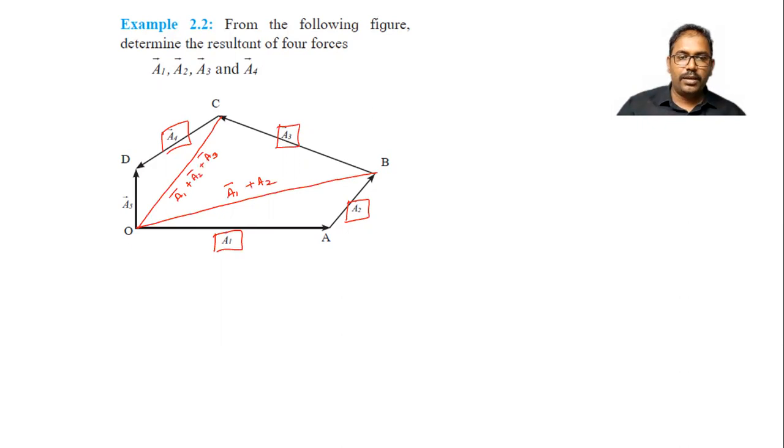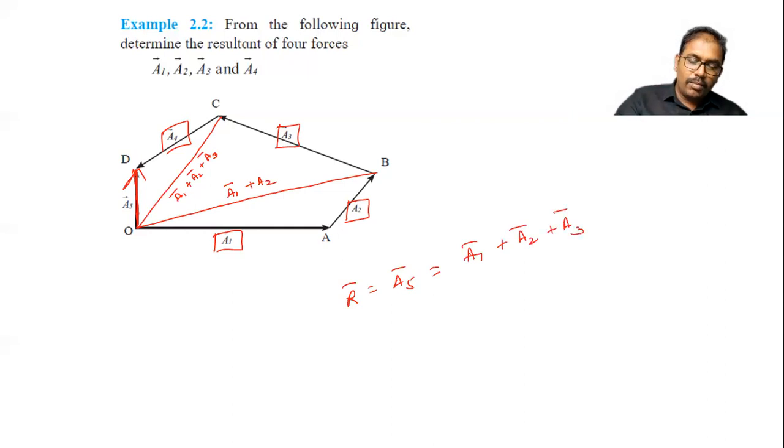And then this is the resultant vector, A5 bar, which by the triangle law is equal to A1 bar plus A2 bar plus A3 bar plus this A4 bar. This is the answer for this problem.